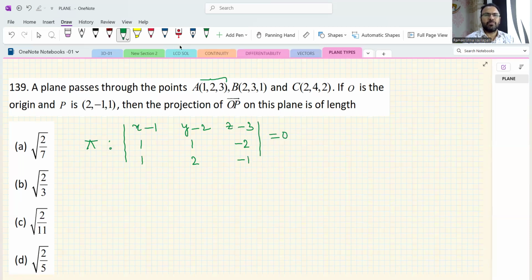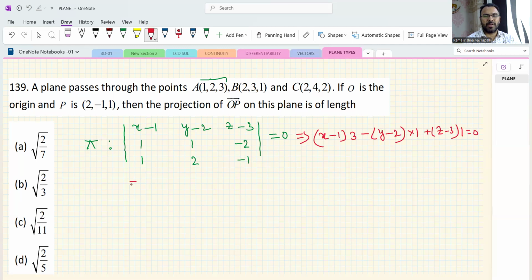So we'll get the equation of plane just by expanding this determinant: x minus 1 into minus 1 plus 4, that is 3, minus y minus 2 into minus 1 plus 2, that is 1, plus z minus 3 into 2 minus 1, that is 1, equal to 0.